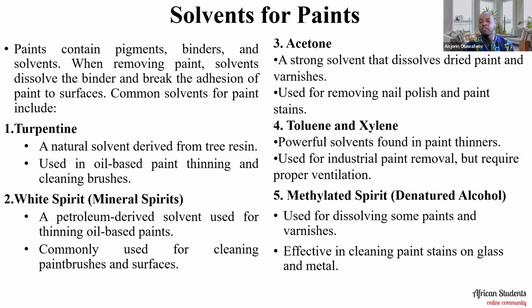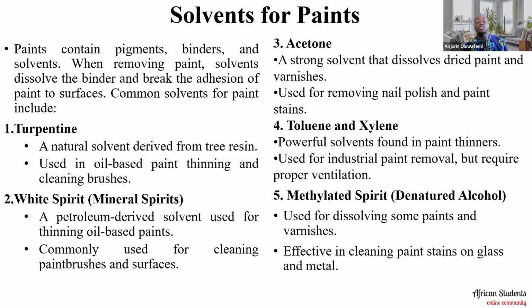Now, common solvents for paint removal include, number one, turpentine. It's a natural solvent derived from tree resin. It is used in oil-based paint thinning and cleaning brushes. White spirit, which is the mineral spirit, is a petroleum-derived solvent used for thinning oil-based paints.